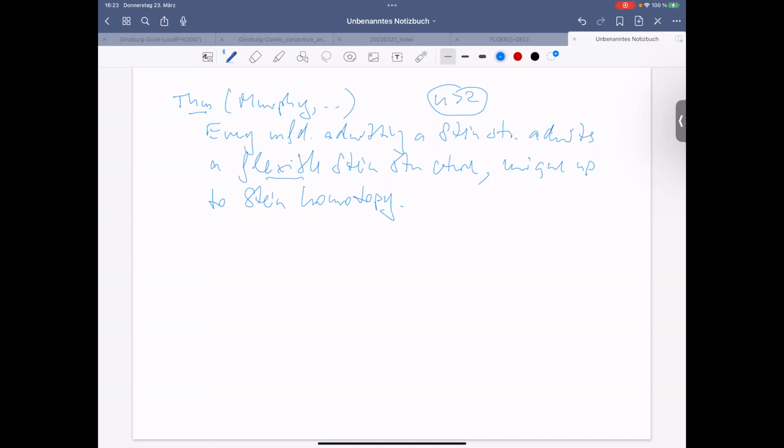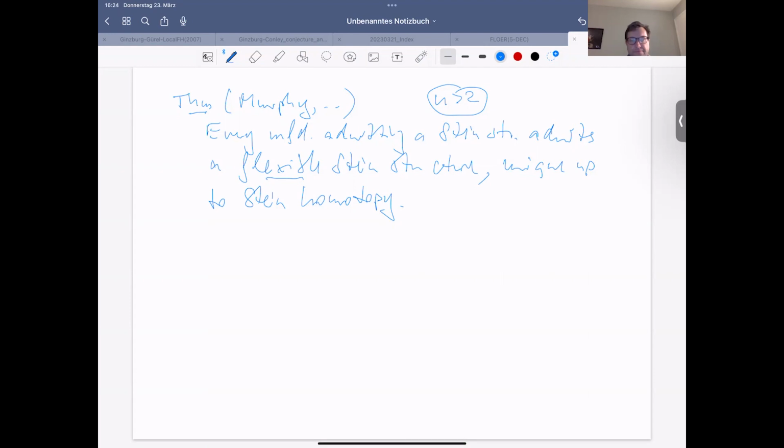How is the flexible Stein structure related to the original one? In the construction of the Stein structure, in the proof of Yasha's theorem, you make certain choices, and you can make the choices such that the structure you construct becomes flexible.